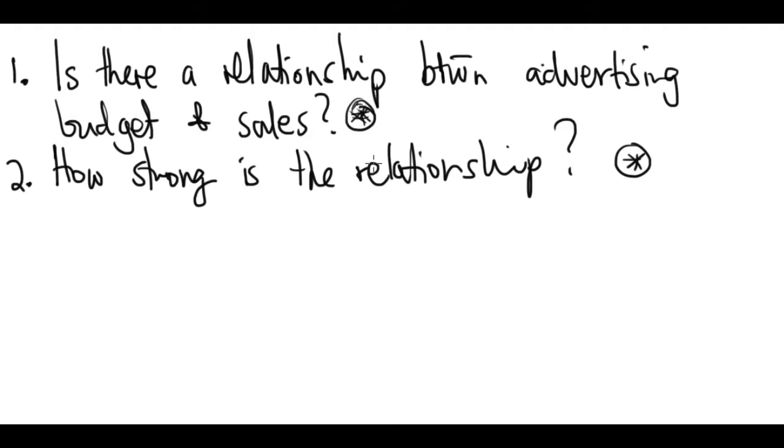What does it mean to have a strong relationship? It means, can we accurately predict sales using the advertising data? If we can accurately predict sales using advertising data, there is a strong relationship. If we cannot accurately do that, it is a weak relationship. I think that makes logical sense.